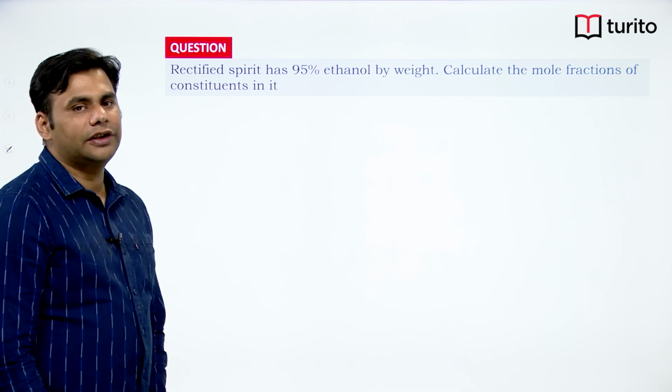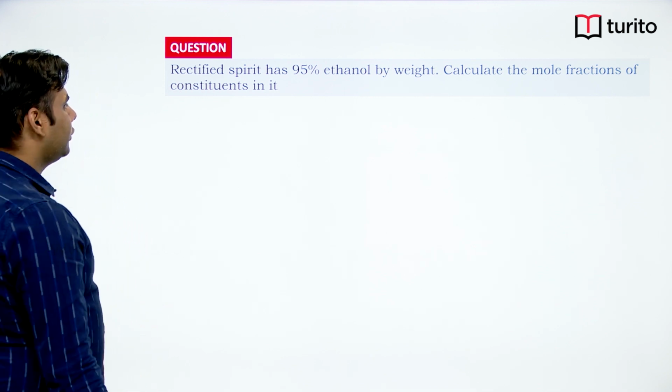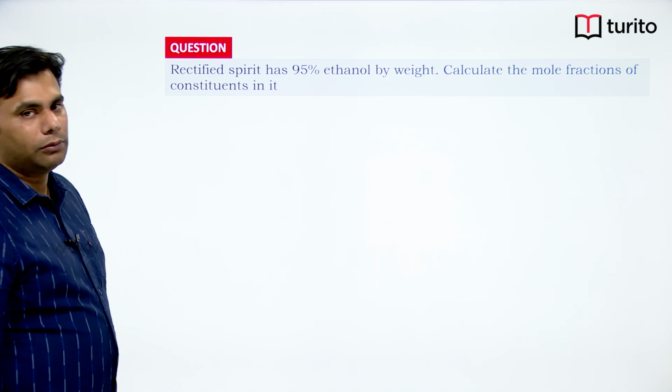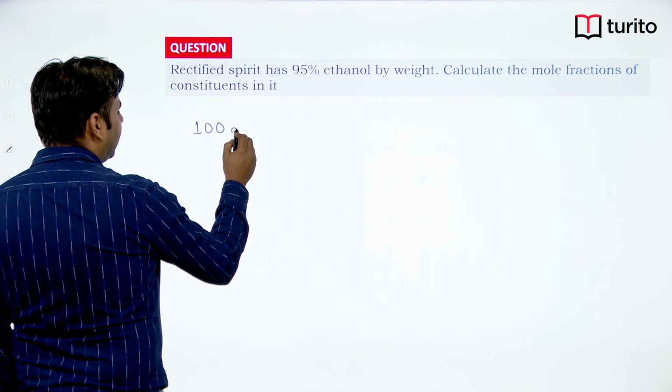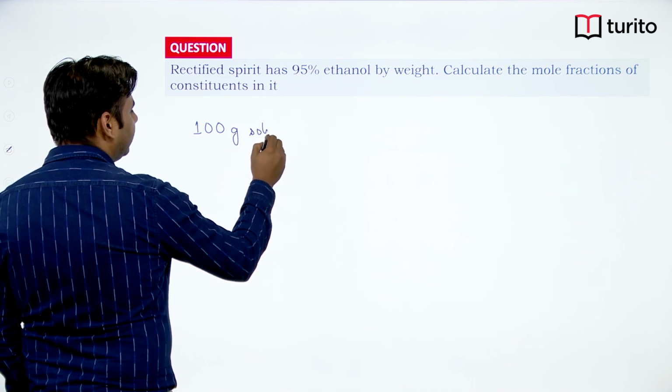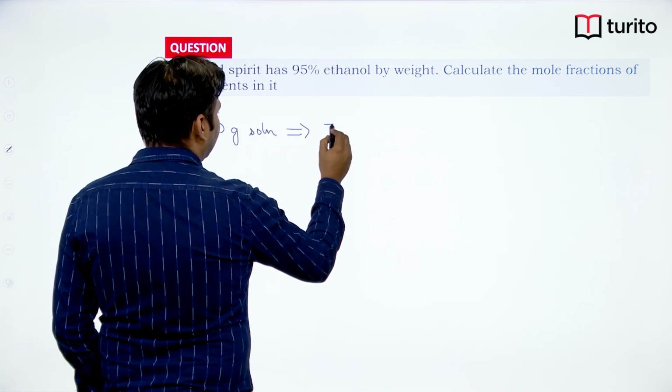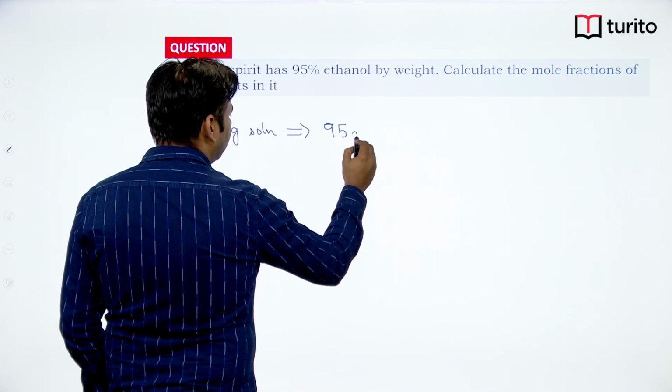Rectified spirit is basically a mixture of ethanol and water. So it is 95% ethanol by weight. Okay, so if the solution is 100 gram, then the 100 gram solution will contain 95 gram of ethanol.